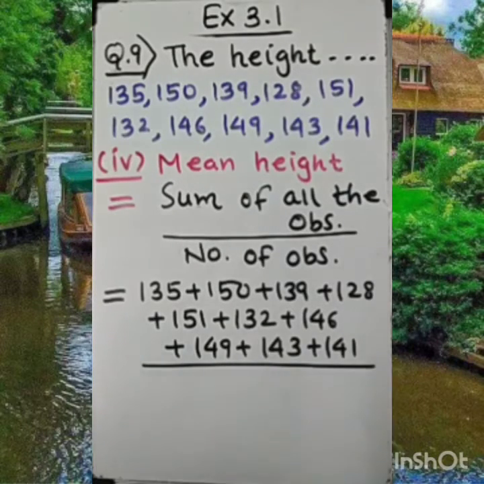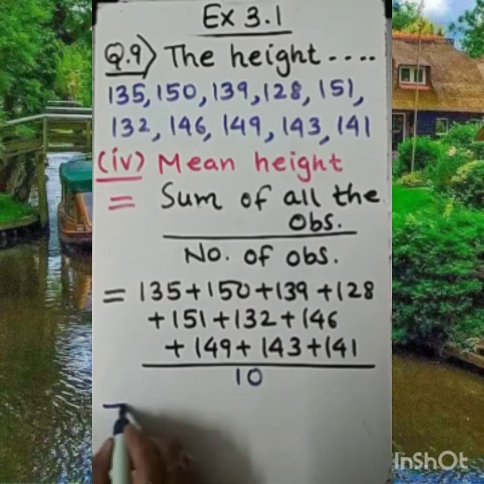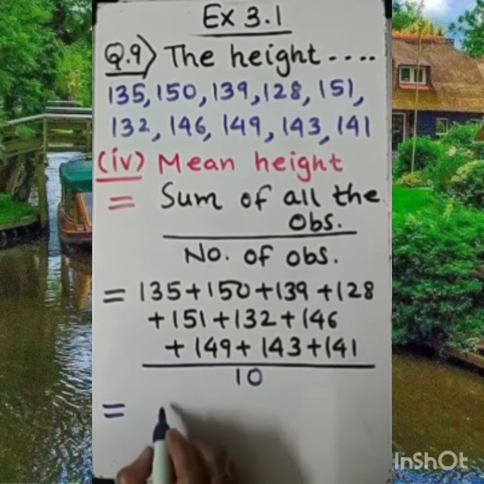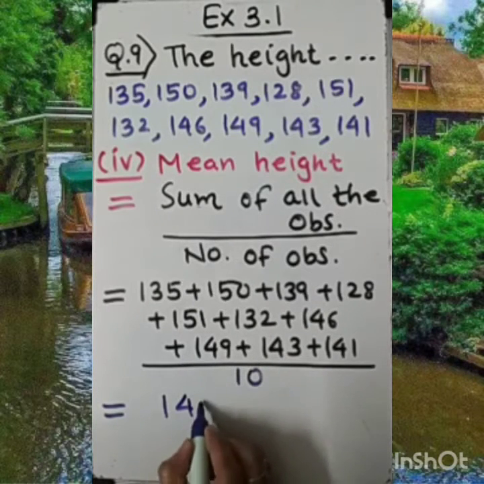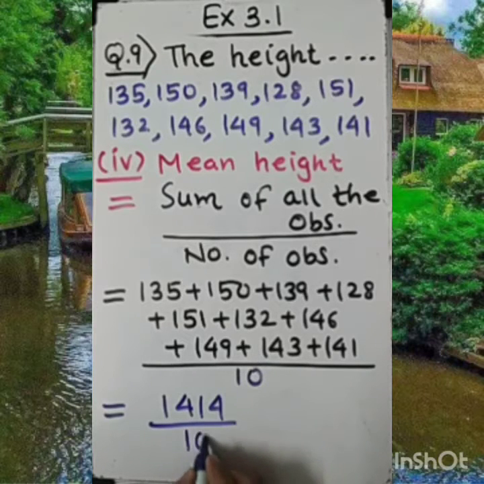That will be divided by the total number of girls, that is 10 we are given. Now, if we add all these numbers, then we will have 1414 as a result. It will be divided by 10.